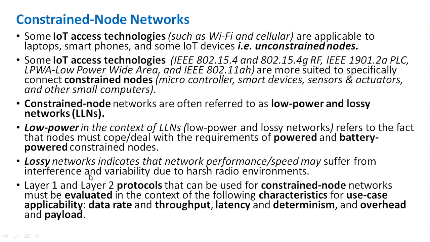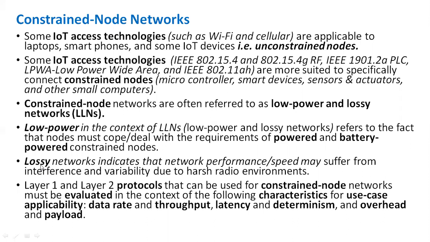So these types of networks, constrained node networks, are called low power and lossy networks. Low power means the devices consume less power, and lossy means that because of interference from other users or other signals, these networks may have data loss, so they are called lossy networks.